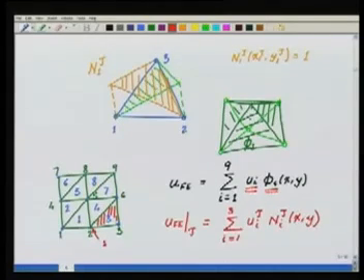This will be my local 1 node, local 2 node, and this would be my local 3 node for the element. Then I see that the u1 of the element tau is equivalent to the global u2. u2 of the element tau is equivalent to the global u3. u3 of the element tau, which is the third element, is equivalent to the global u6. So for every element I have to obtain the local to global numbering.